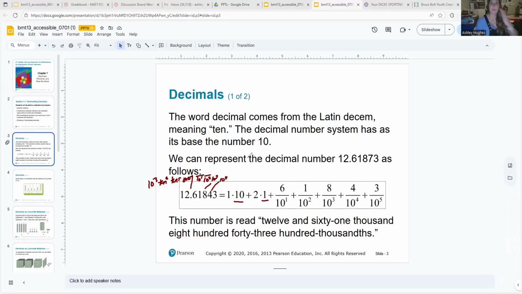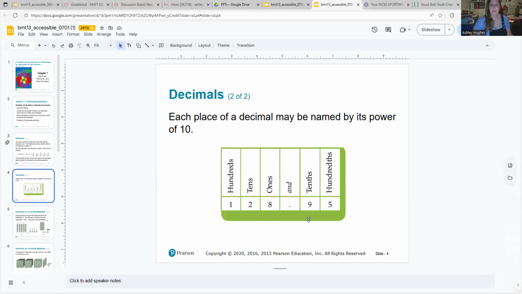So one way you're multiplying by powers of 10, the other way you're dividing by powers of 10. Each place of a decimal number is a power of 10. When we get to that decimal place, this is ones, tens, hundreds, we're counting this way. Here, this would be the tenths, hundredths, thousandths, ten-thousandths, hundred-thousandths, etc.